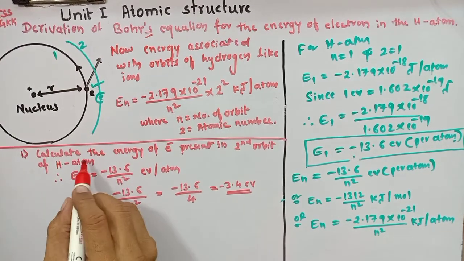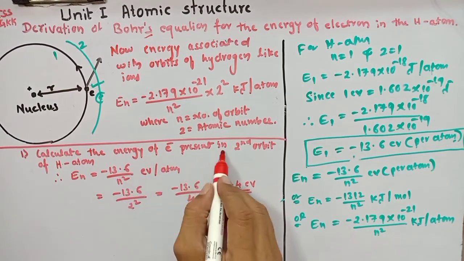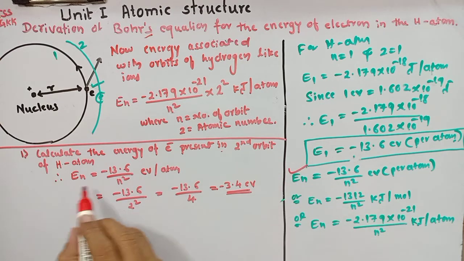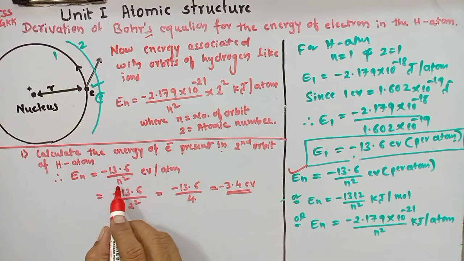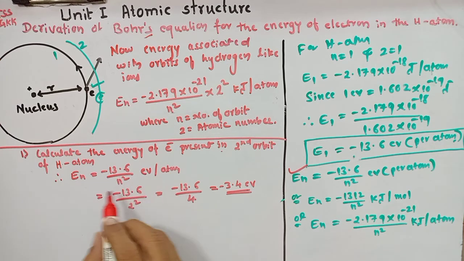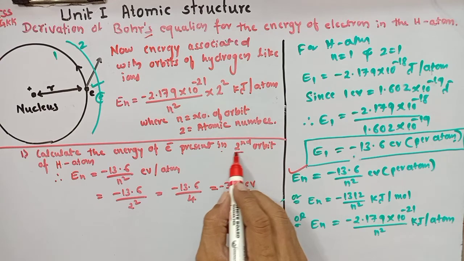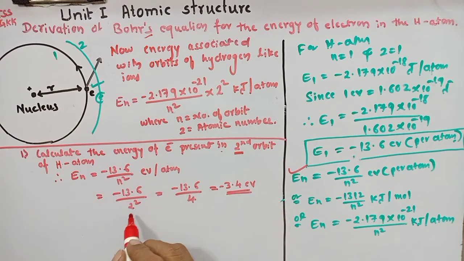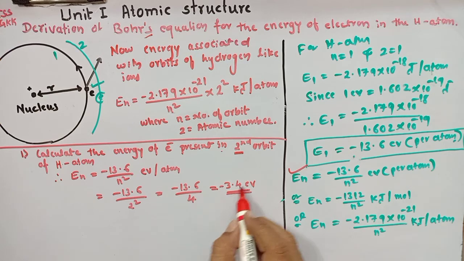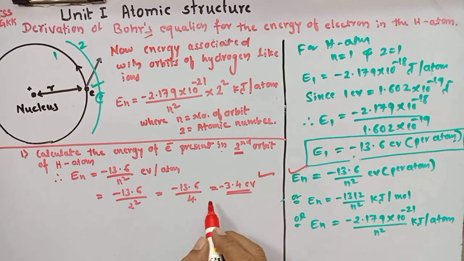Now, for example, calculate the energy of the electron present in the second orbit of the hydrogen atom. For that, use the relation En is equal to minus 13.6 divided by n square in terms of electron volt per atom. Here n value is 2, therefore minus 13.6 divided by 2 square, that is minus 13.6 divided by 4, which comes out to minus 3.4 electron volt.